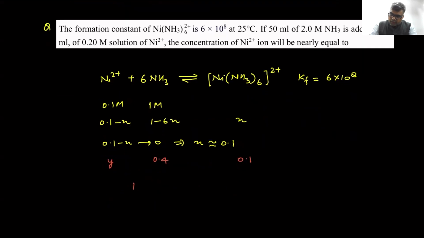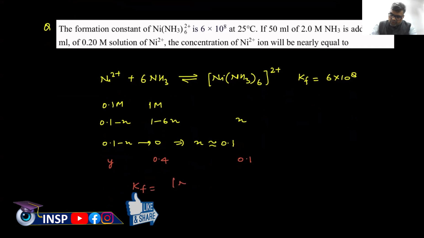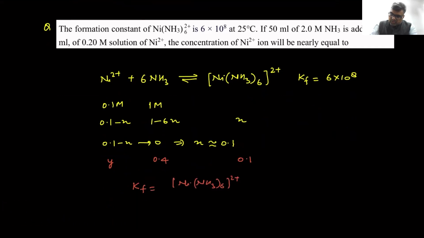And now if I apply the equilibrium constant, which is Kf, it will be concentration of Ni(NH3)6 2+ upon concentration of nickel 2+ into concentration of ammonia power 6. Just substitute the values, so it will become 0.1 upon 0.4 power 6 into y.